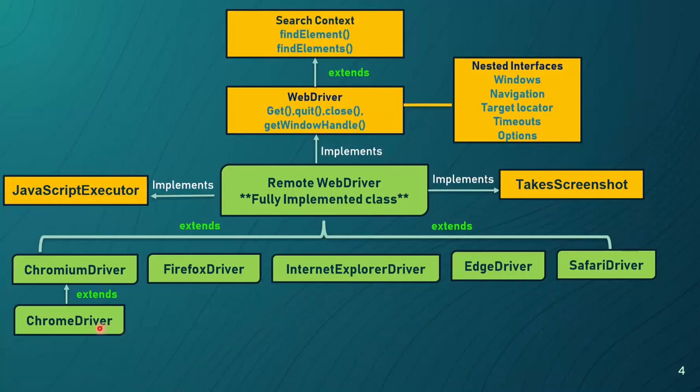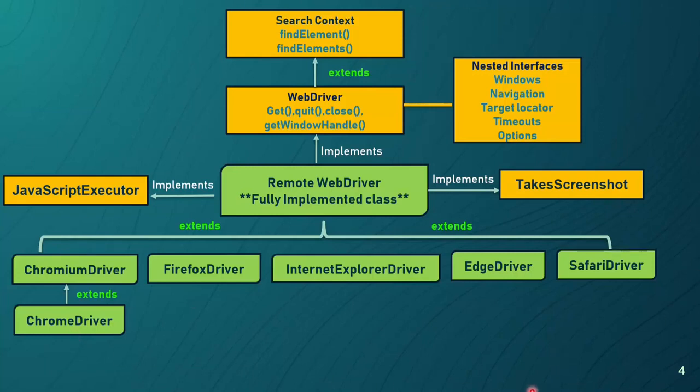Next we have the browsers supported by Selenium, and the remote WebDriver extends these classes. Remember, the remote WebDriver and these browsers are classes, whereas the search context, WebDriver, nested interfaces, take screenshot, and JavaScript executor are interfaces. This is the complete hierarchy of Selenium classes and interfaces.